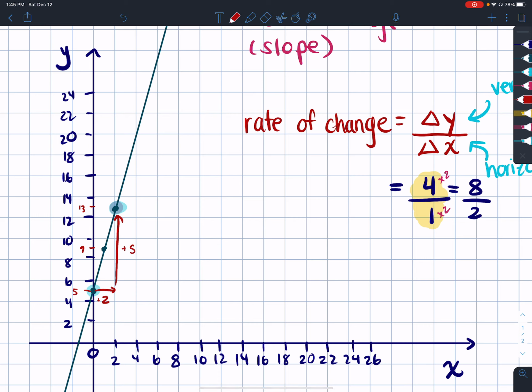So I've gone up by 8. So now my vertical change is 8 and my horizontal change is 2. And that's why these are equivalent. They are on the same line. The slope is the same. The angle of this line, the steepness of this line, is the same.